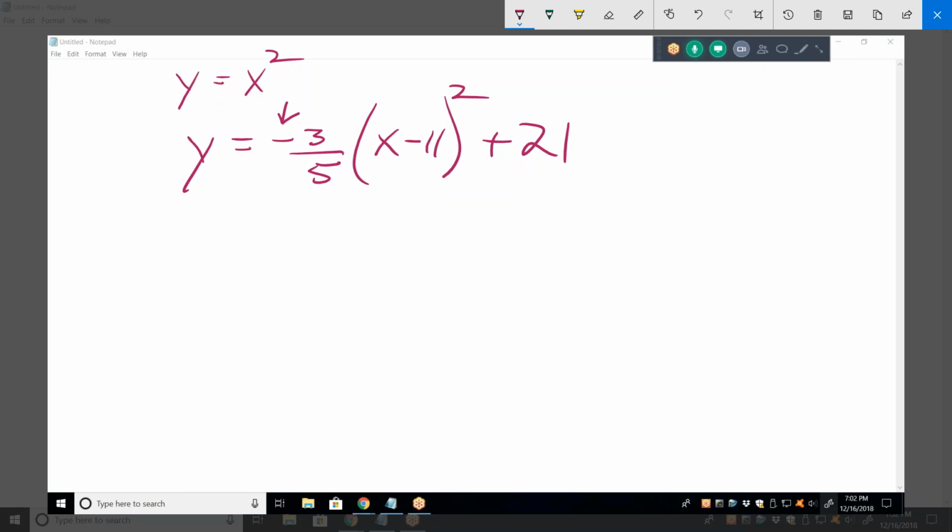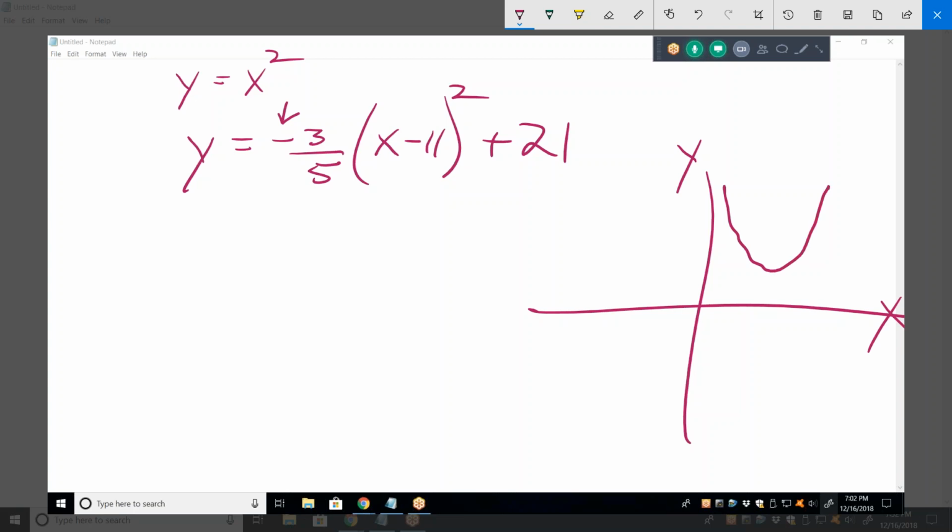It's a reflection, right? Over which axis? Over the y-axis. Or x-axis. No, y-axis. Which one? I think the y-axis. Okay, if I'm doing a vertical reflection, and it's vertical because it's outside the function, that's how you do a vertical reflection, right?